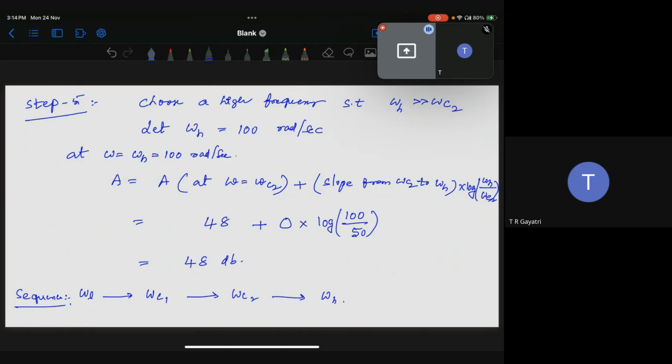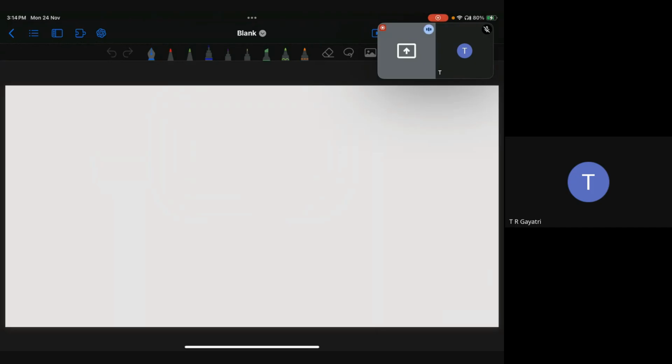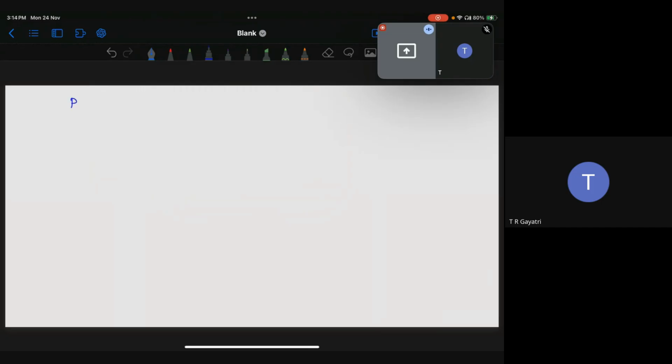So now we got all our magnitude values. Now in a similar way, we'll find the phase values also. To draw the phase plot, we use our transfer function. So what is our transfer function?